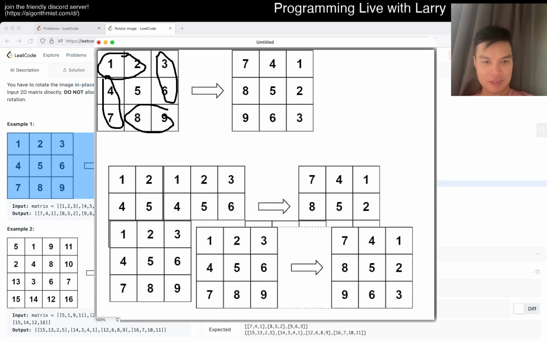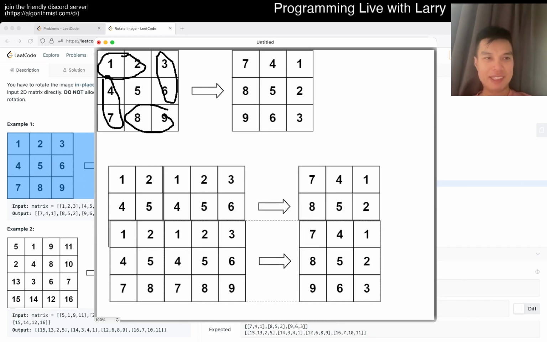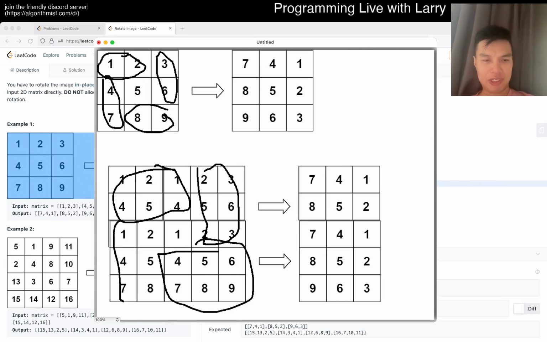So let's say I have a 5x5 like this. Then I think we just drew something like this, which means that we refracted once, twice, 3 times. It will include every number exactly once, except for the middle number, which again you don't need to rotate anyway. So that's basically the idea behind how I did this one.